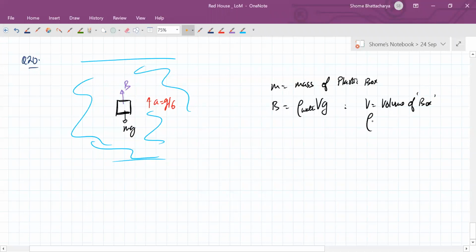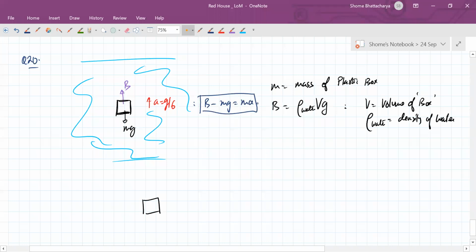whereas this thing is density of water. So we won't need the values or anything, we just need to understand like this. Now before that, your equation here is becoming that buoyant force minus the weight is mass into acceleration. It's accelerating upwards. Now the second situation is that you are filling some sand inside the box so that it now accelerates downward at g by 6.